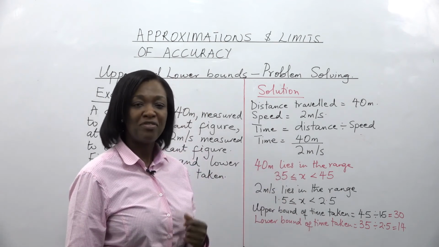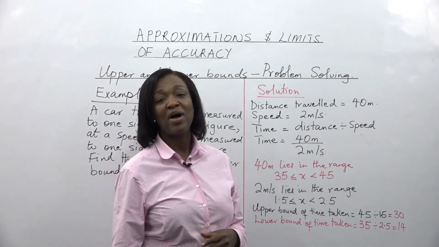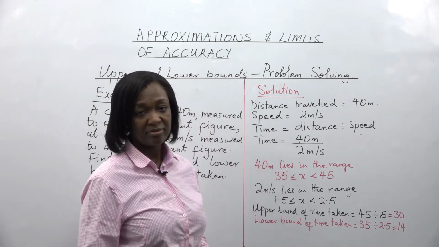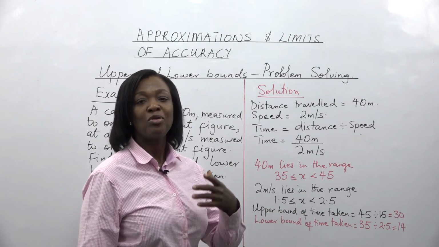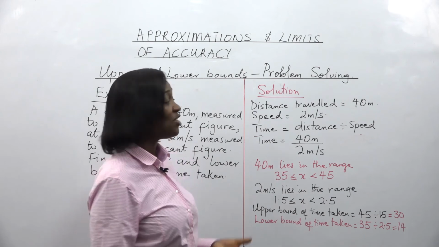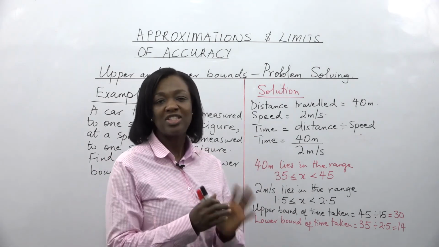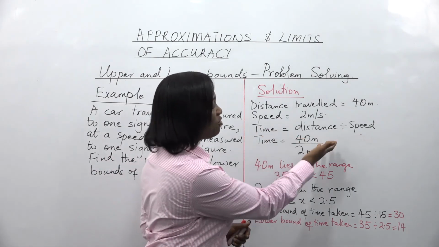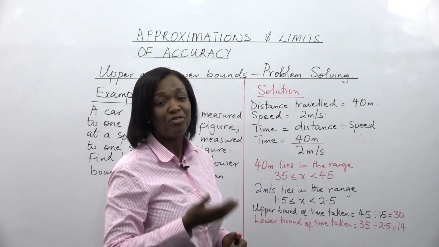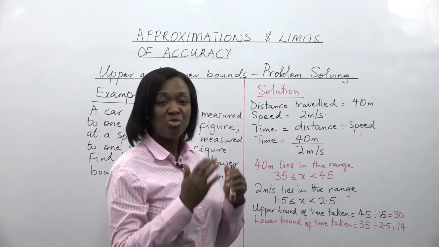But when it comes to problems involving upper bounds and lower bounds, and you're supposed to divide, you don't simply divide the upper bound of the numerator by the upper bound of the denominator to find the upper bound. No, there's a rule.